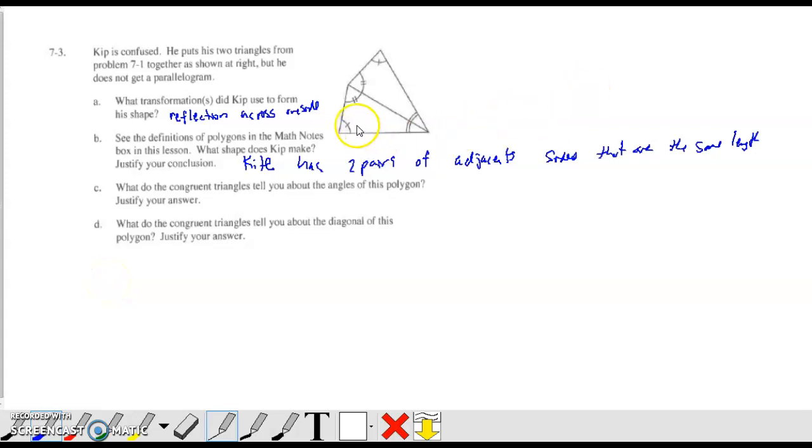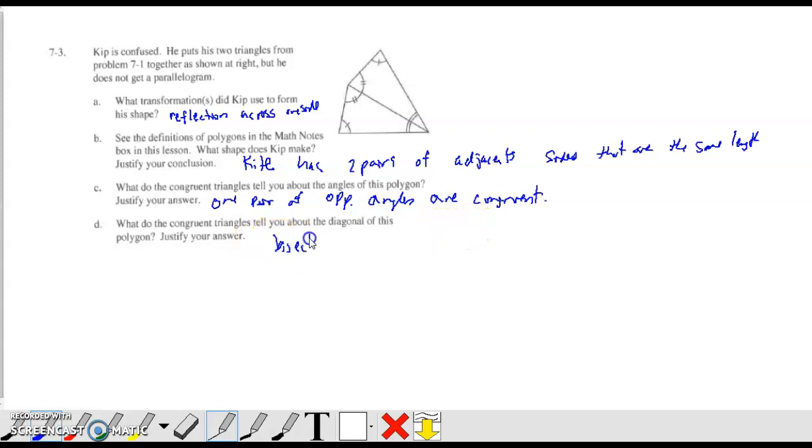Well, if you look at it, we can say that at least one pair of opposite angles are congruent. So these are opposite pairs. So I'm going to say one pair of opposite angles are congruent. And what do the triangles tell you about the diagonal?